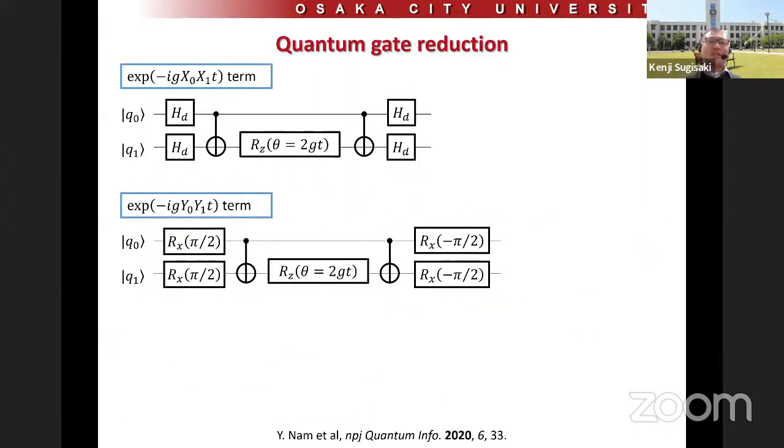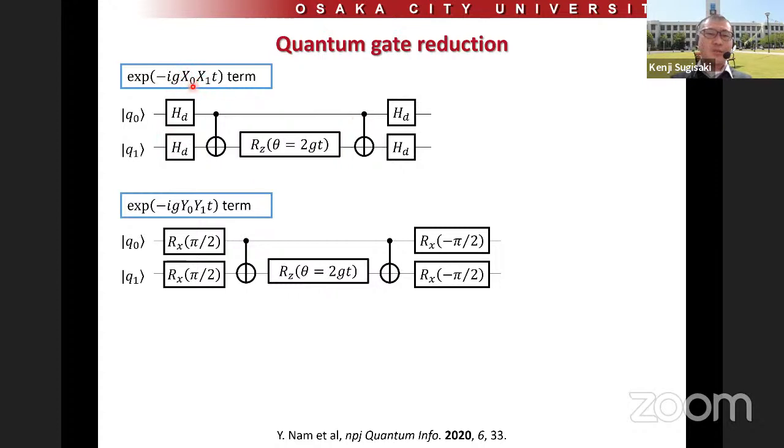Let's think about the quantum circuit shown here. In this case, we think about the exponential of i theta X0 X1 t terms, for instance, i minus i theta Y1 Y1 t terms. So the concept corresponding to this time evolution operator can be constructed as shown here.